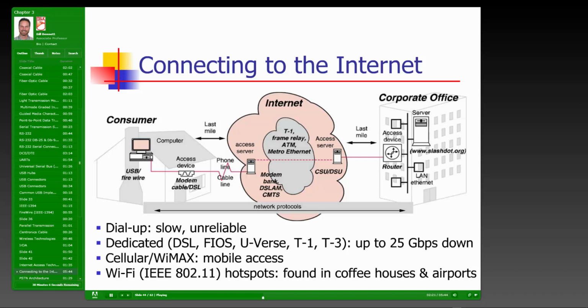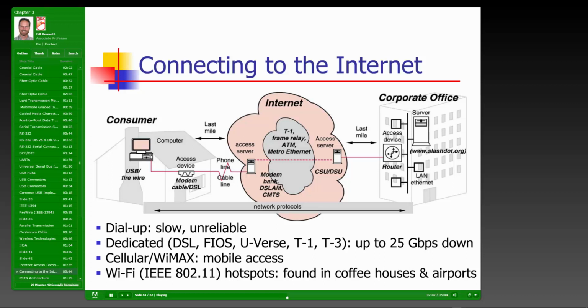That's technically the building to the phone company's CO, which would be the last mile or the local loop. And then the phone company is going to forward that over to another access server, and that second access server would mean access to the internet as opposed to access to some other service that could be provided within this cloud here. So back then to the corporate office.